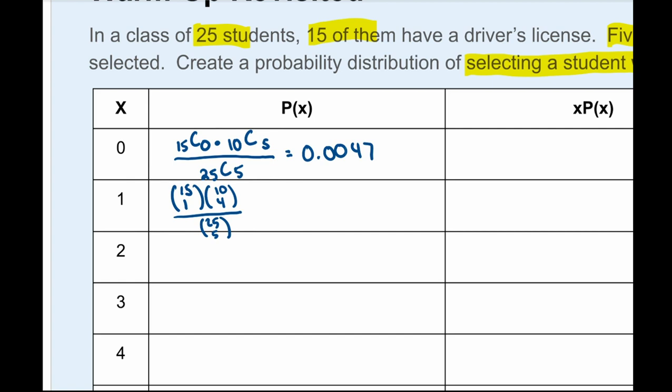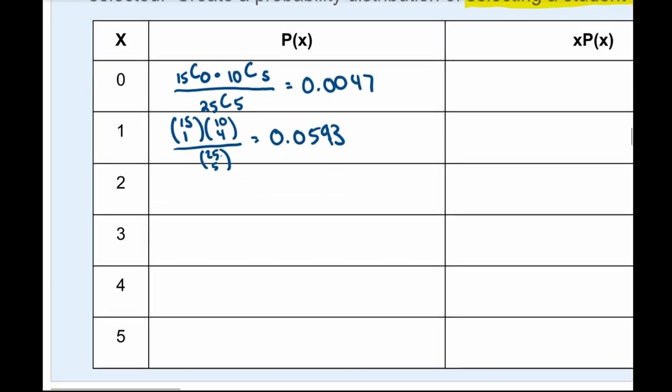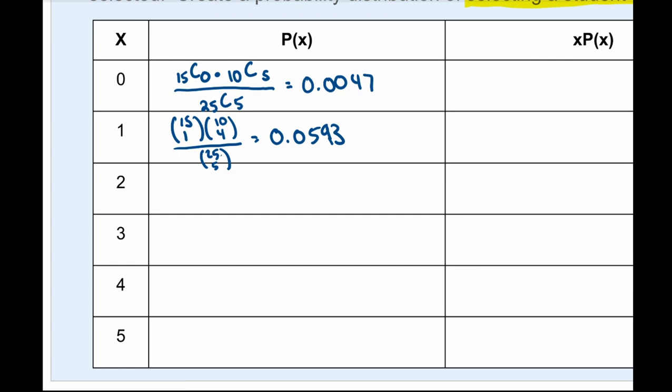And we can see a pattern when we do it this way: 15 and 10 is 25, 1 and 4 is 5. Again, just a different way that we can visualize or represent it. And this works out to 0.0593. Again, I'm not going to calculate all of them, but I'm going to use at least 2 of them to double check that Google Sheets did it correctly.